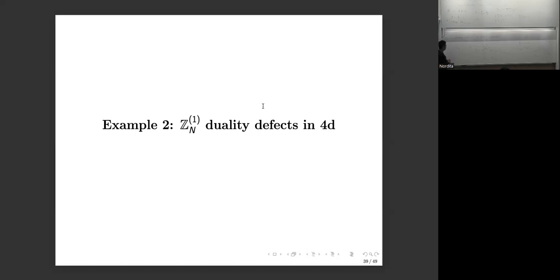Remember that in the theory before gauging, you have an EM defect. As I mentioned before, this EM defect is a condensation of some Wilson operators, some operators in the Zn gauge theory.